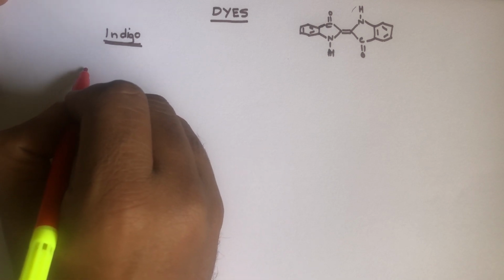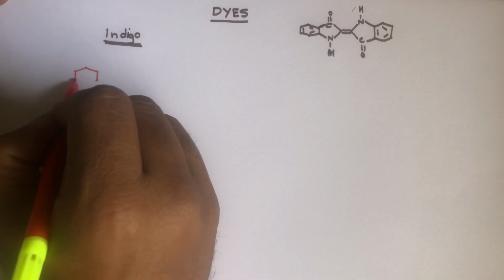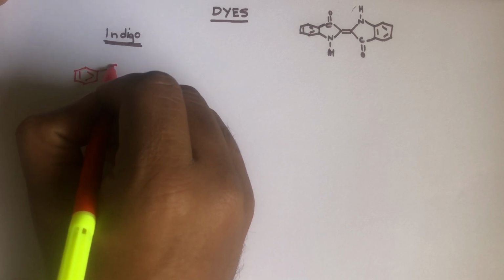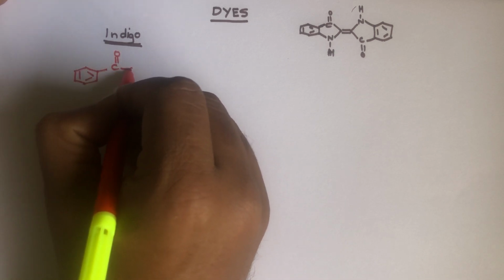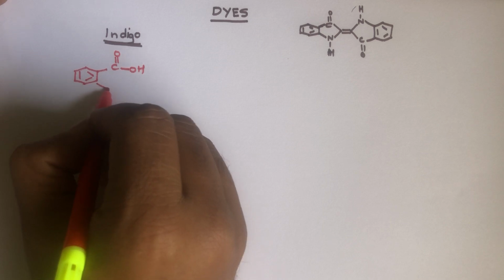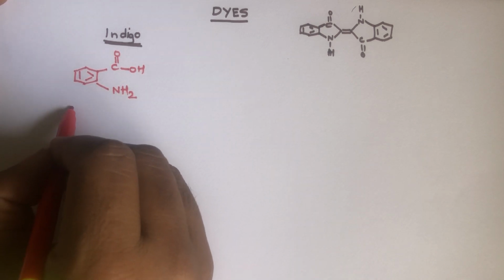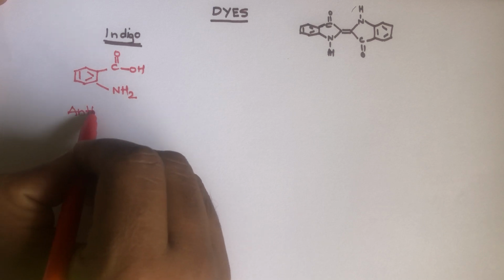So we start with orthoaminobenzoic acid, that is benzene, C double bond OOH, NH2. This molecule is called anthranilic acid.